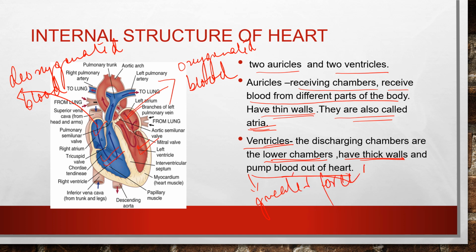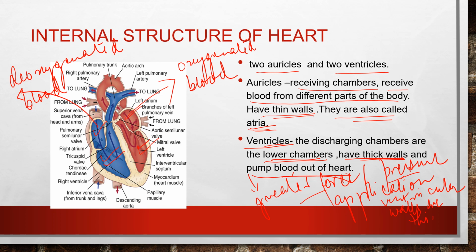So for greater force and pressure application, the walls are thicker in the ventricles. Is it clear? So ventricular walls are thicker than the auricle walls.